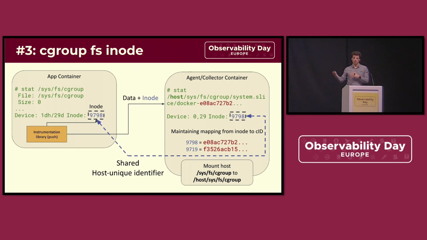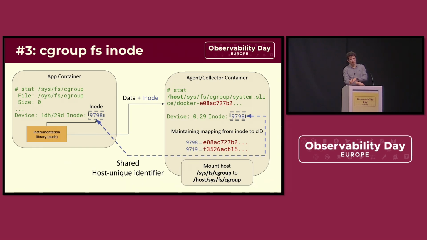And on the agent, on the collector side, you need to mount the host sysfs cgroup. By walking this pseudo file system and the directory structure, you are going to be able to read these inodes and map them to a container ID, by extracting the container ID from the path with the same kind of regular expression, as was done before in cgroup v2.